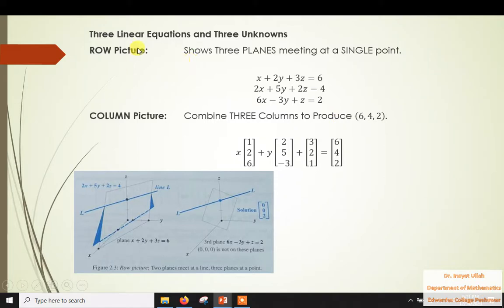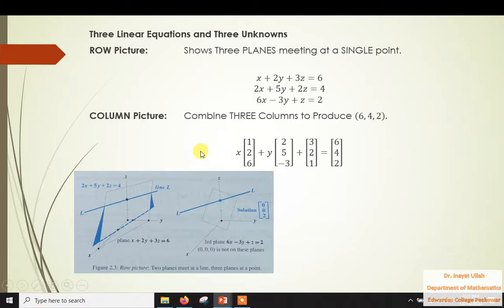So row picture, I mean row 1, row 2, row 3, these are three planes actually. Row 1 is the first plane, row 2 is the second plane, that is the third plane. These three planes intersect or meet at a single point, this single point.